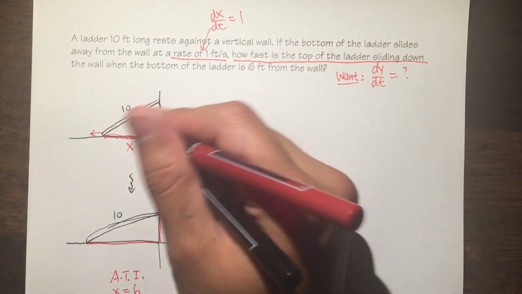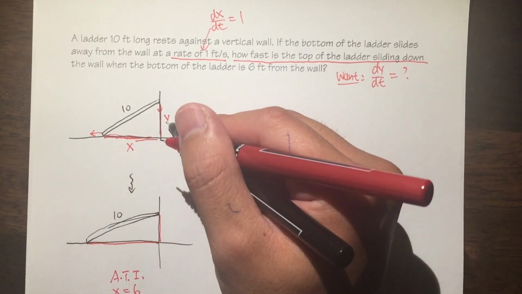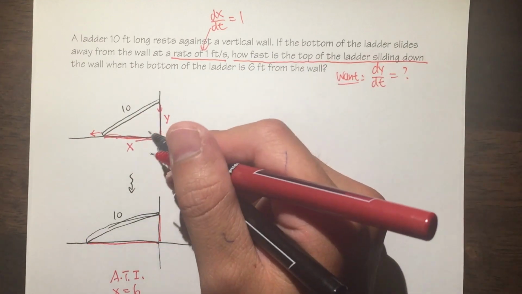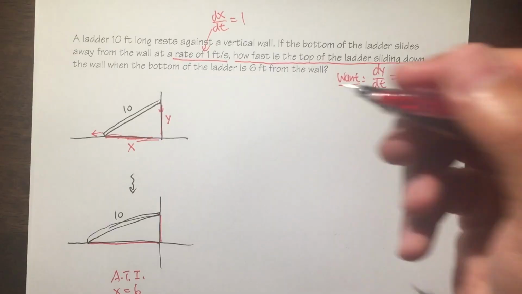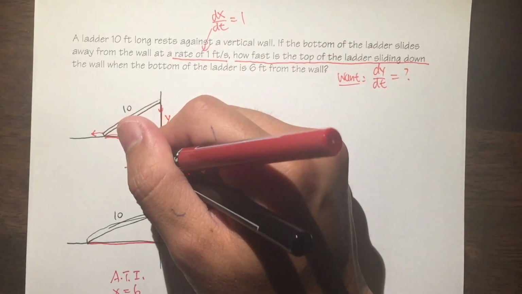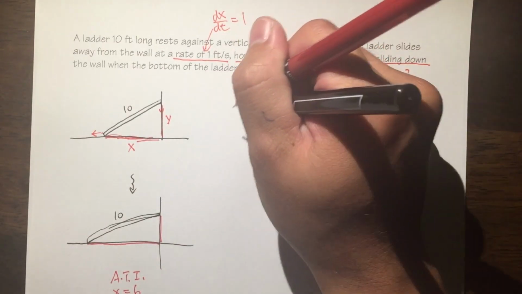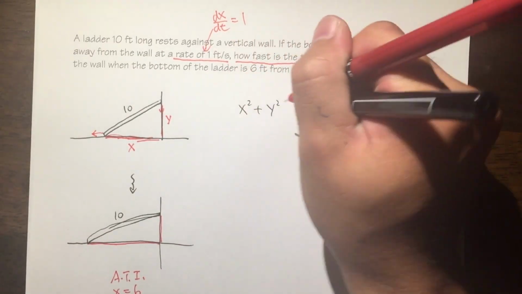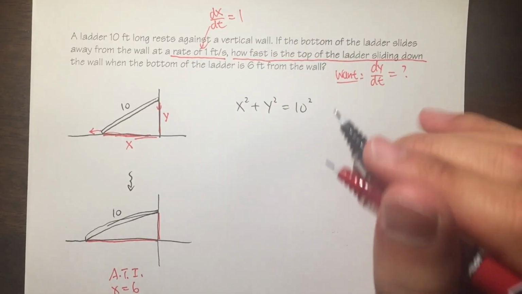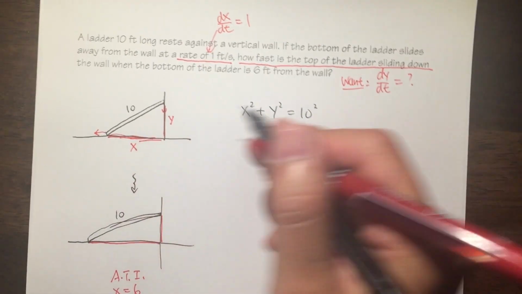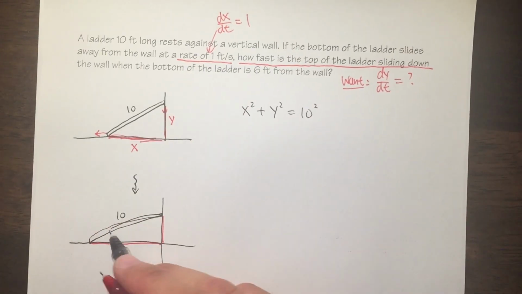Okay, so that's pretty much the information. And now let's look back to this picture and come up with an equation that relates x, y, and 10. Well, this is nicely a right triangle, so of course we can use the Pythagorean theorem. Namely, this square plus that square is equal to this square. So write down x squared plus y squared equals 10 squared. And pay attention to this. I put down 10 squared right away because I know this length is always 10.